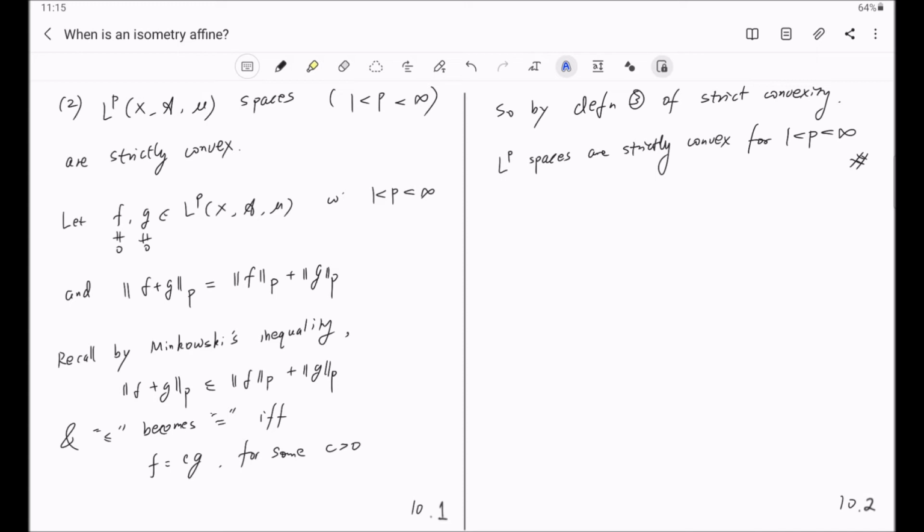Some of you may not remember the condition for the inequality in Minkowski's inequality becoming equality.